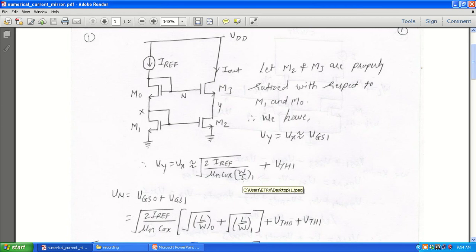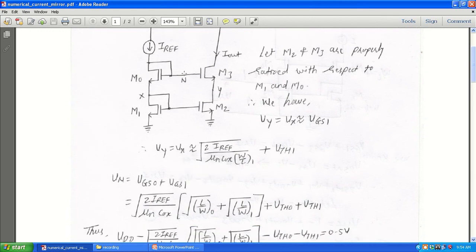You simply rearrange the equation of ID to get VGS, and VGS is nothing but Vx here, or you can say Vy. Therefore Vn, the voltage at the node n, is equal to VGS0 plus VGS1. Apply KCL, so VGS1 plus VGS0 is equal to Vn.